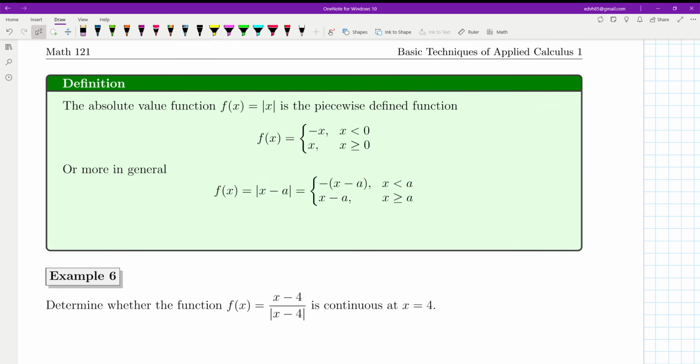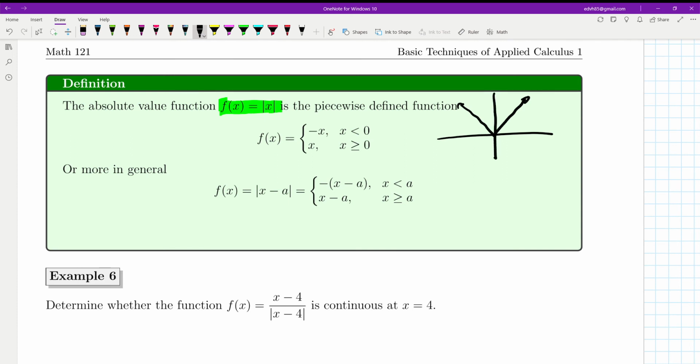For the next example, we need to have a precise definition of the absolute value function. So the absolute value function f of x equals the absolute value of x can be defined in the form of a piecewise defined function. For example, let me draw the graph. It's the V shape. Yes, it's the V shape.